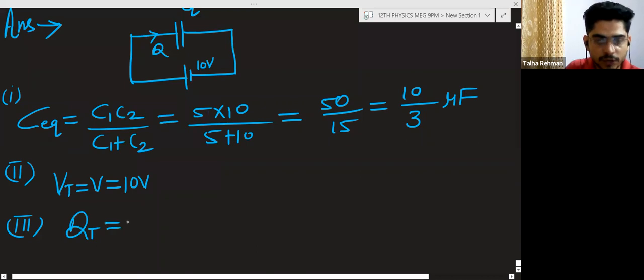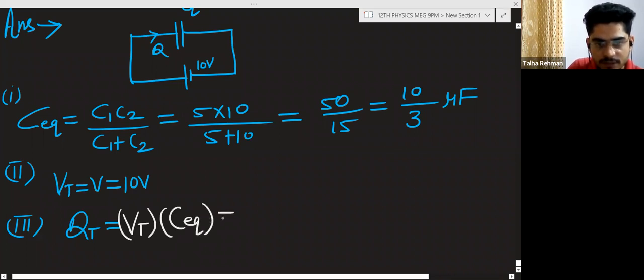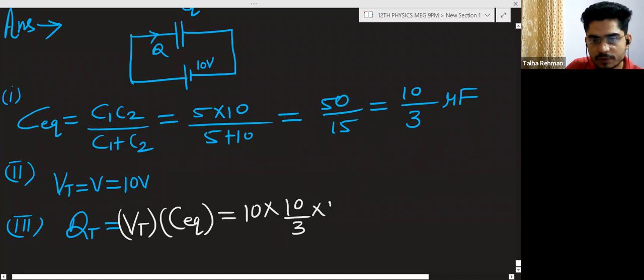Total charge is total voltage into equivalent capacitance. Vt is given by 10, and C equivalent is 10 by 3. This is in microfarad. We have to convert this to 10 to the power minus 6. This will become 10 to the power minus 4 divided by 3 coulomb.